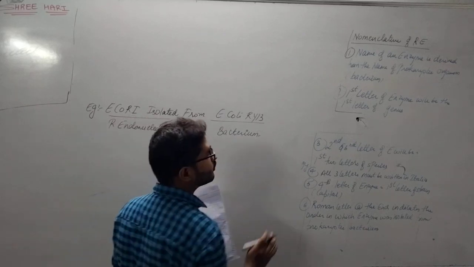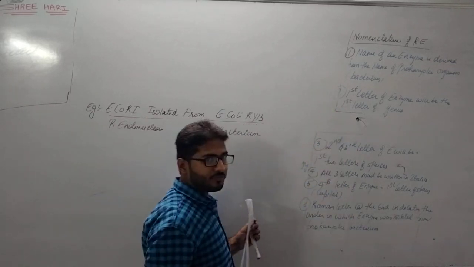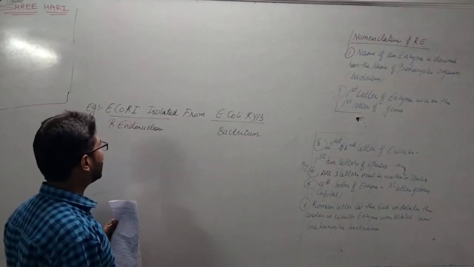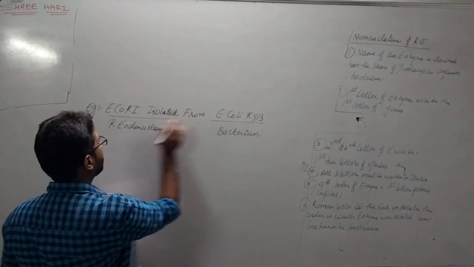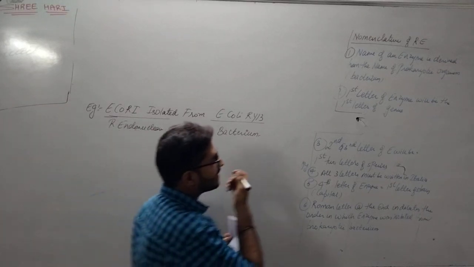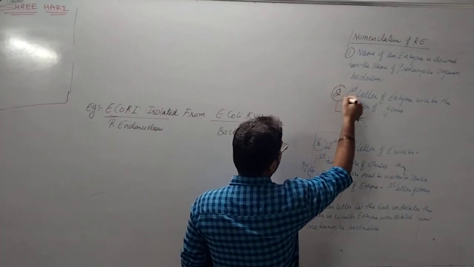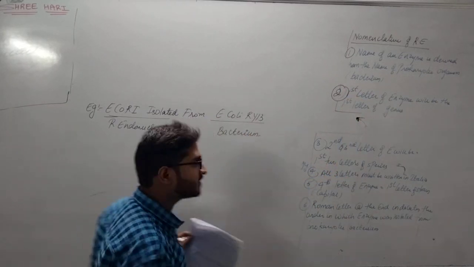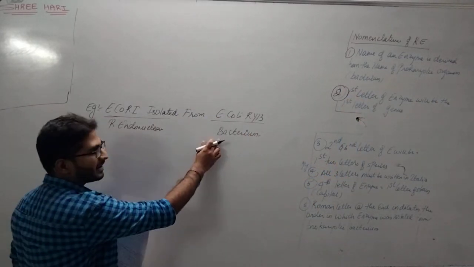So the first rule is that the name of an enzyme is derived from the name of the prokaryotic organism, E. coli, Eco, simple. Second, the first letter of the enzyme will be the first letter of the genus of this bacterium.